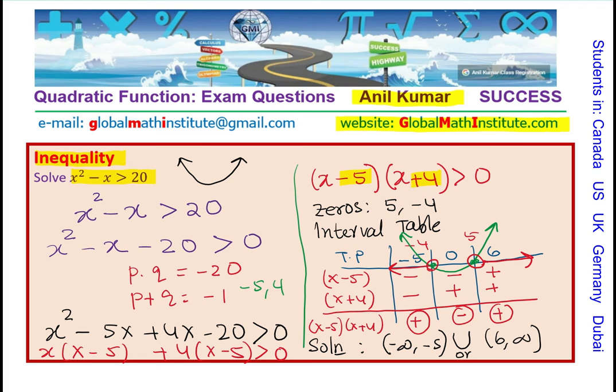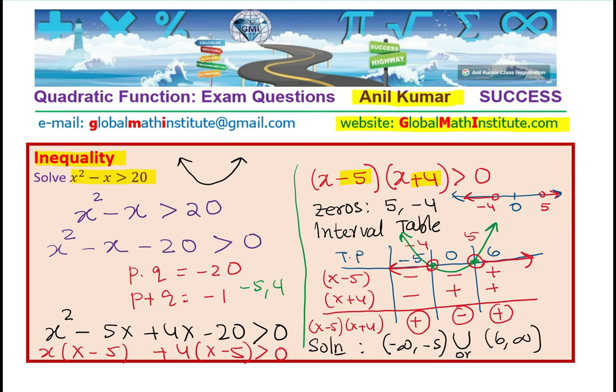So I have discussed two different strategies. Also, we could write the solution in many different ways. I could have written it on a number line also. If I have a number line, let's say this is 0 for us, the solution is on the left side of negative 4 and on the right side of 5. You see that?